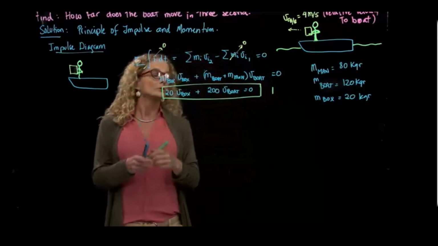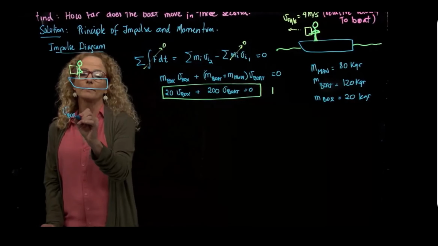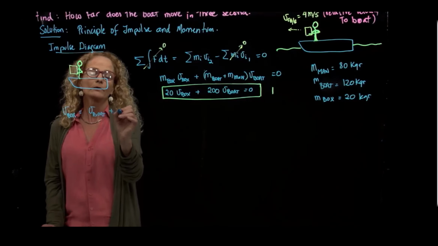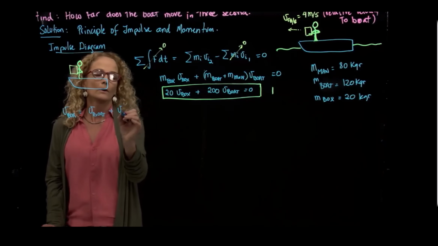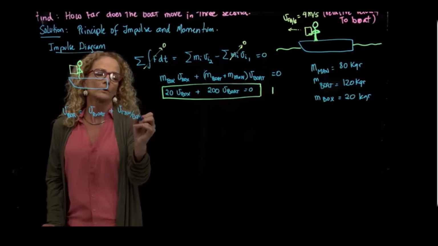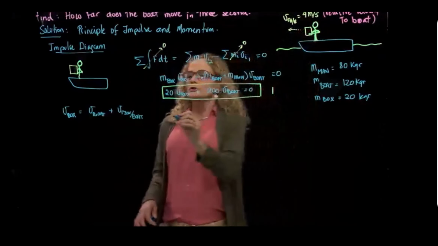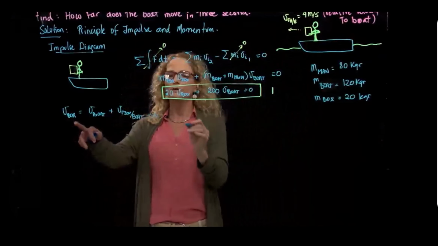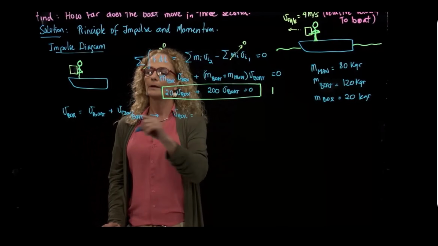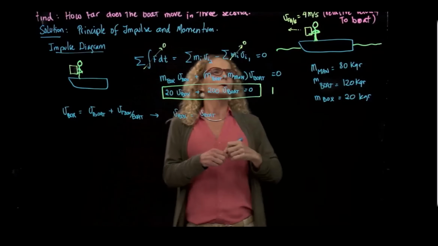Our equation 2 is that the absolute velocity of the box equals the velocity of the boat plus the relative velocity of the box with respect to the boat, which is what is given. It depends what we want to name positive.